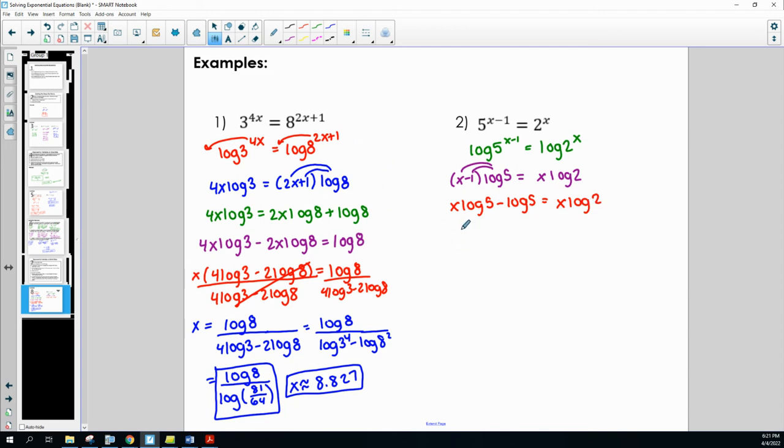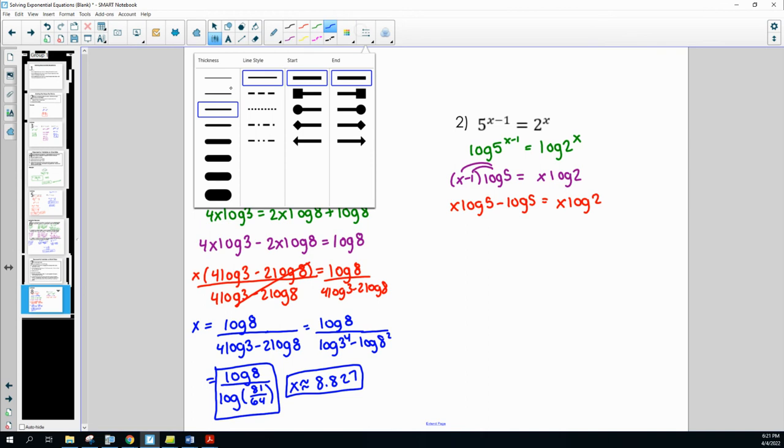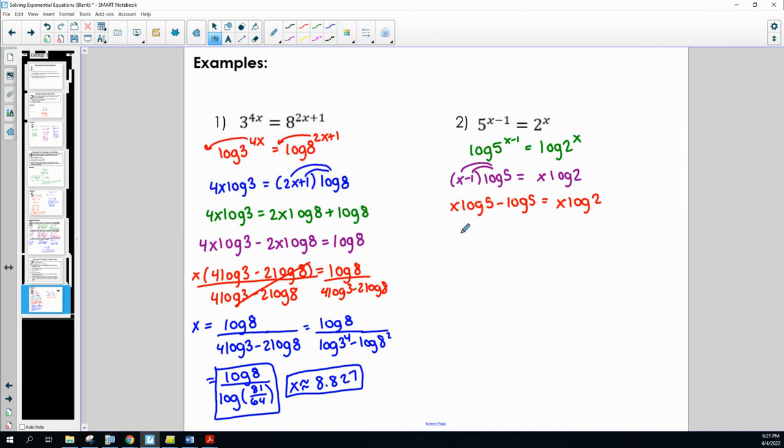So I'm going to keep this negative log 5 on this side. And on this side, I have the x log 2. And then I'm going to move this x log of 5. So subtract x log 5.